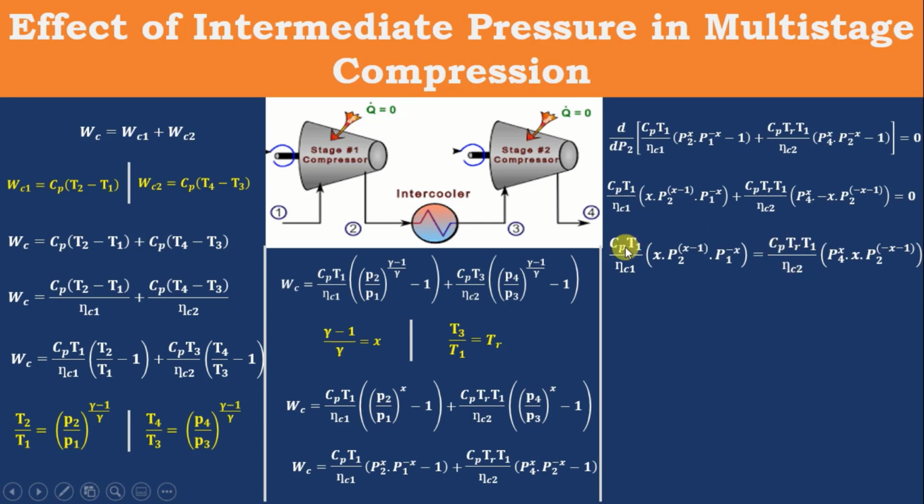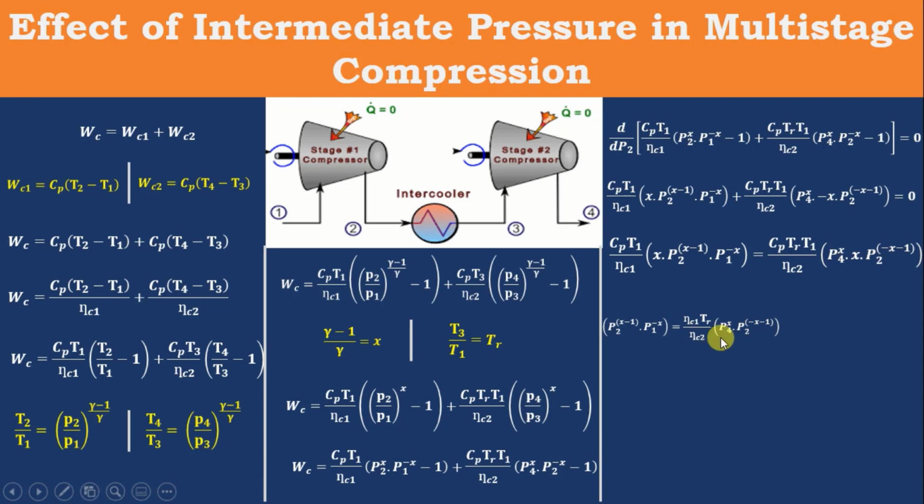So Cp T1 will get cancelled. Similarly x and x will get cancelled. So this equation can be written as P2 power x minus 1, dot P1 power minus x, is equal to, let's send this efficiency to that side. So this becomes efficiency of first compressor divided by efficiency of second compressor into Tr, we have Tr P4 power x, dot P2 power minus x minus 1.